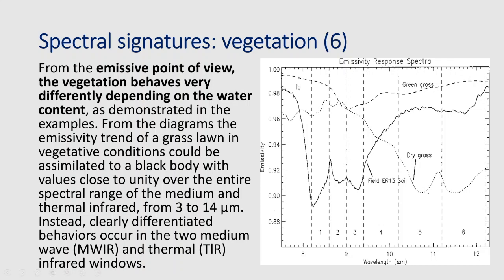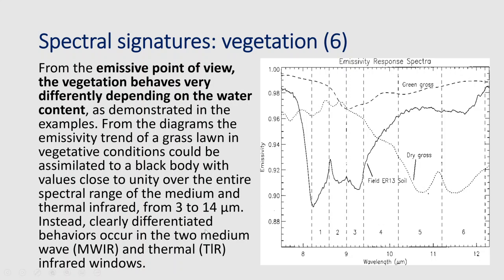From this diagram, the emissivity trend of a grass lawn in vegetative condition could be assimilated to a black body with values close to unity over the entire spectral range of the medium and thermal infrared from 3 to 14 microns. The green grass, from the emission point of view, has values very similar to 1, a behavior very similar to a black body.